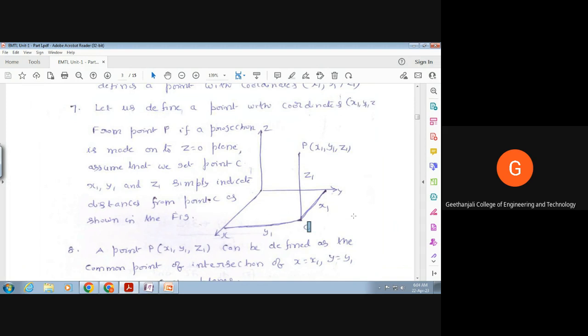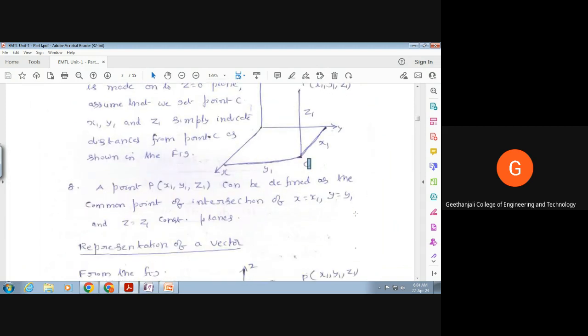But I prefer the earlier definition, wherein a point can be defined as the common point of intersection of x is equal to x1, y is equal to y1, and z is equal to z1 constant planes. I prefer this definition with the simple reason that this definition can be extended for any coordinate system.